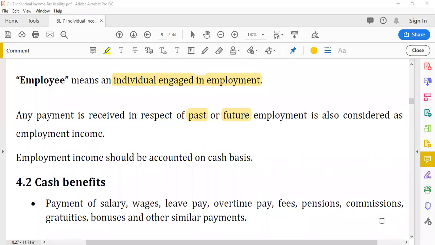Pension. Sometimes we take an EPF claim. Yes, good. EPF also we can include, as he has claimed it due to his past employment. Very good. Pension is the main one. And what is future employment?